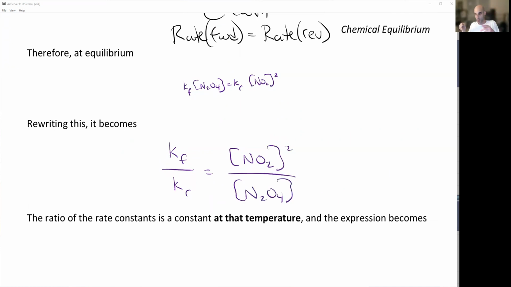Again, just some algebra, cross multiplying, or just divide by Kr and concentration of NO2. The thing that I want to point out here is that on top, I have products. And on the bottom, I have reactants.